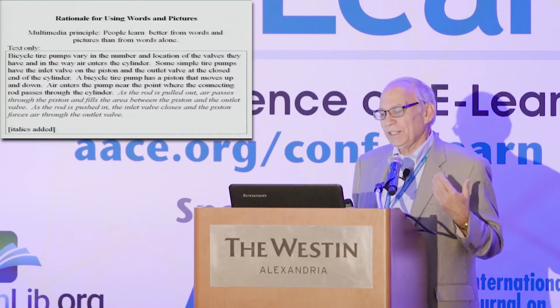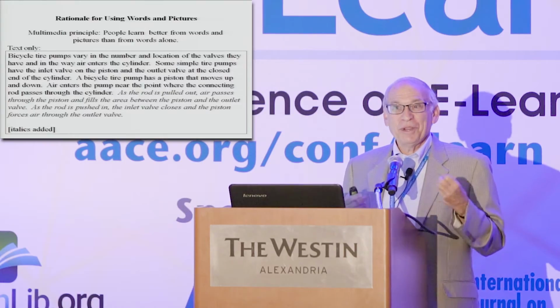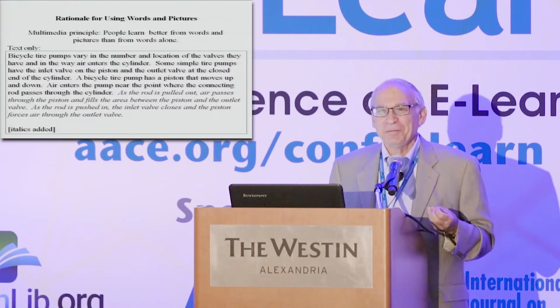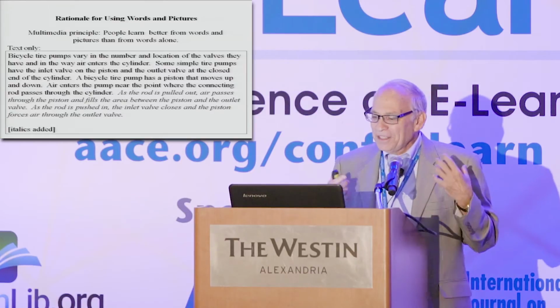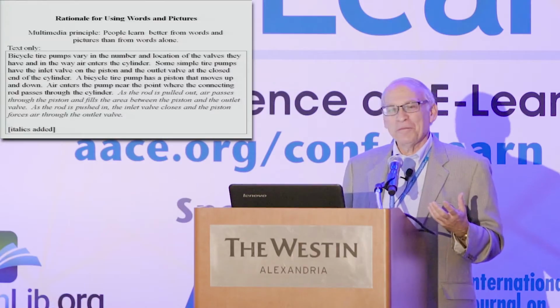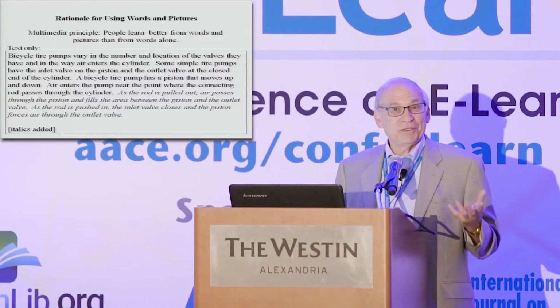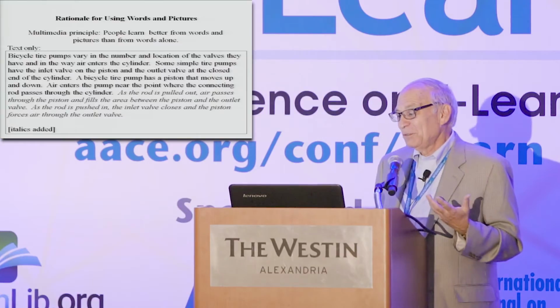This is the passage really that got me started. It's from the World Book Encyclopedia, actually when it was a print encyclopedia. And this is the section explaining how a bicycle tire pump works. And the part that's italicized is really the only part that explains it. The rest is just really irrelevant.